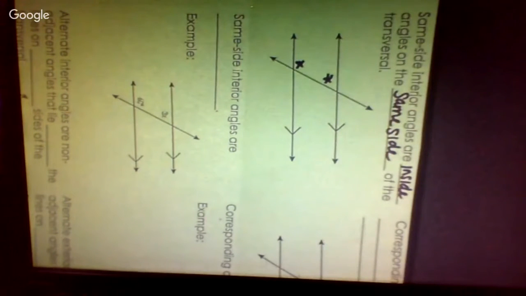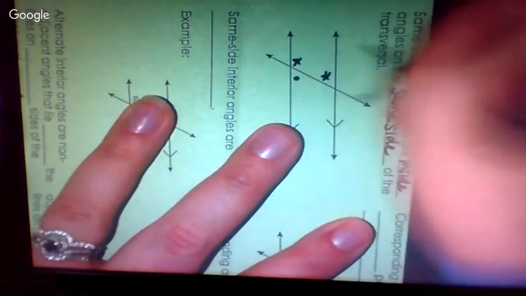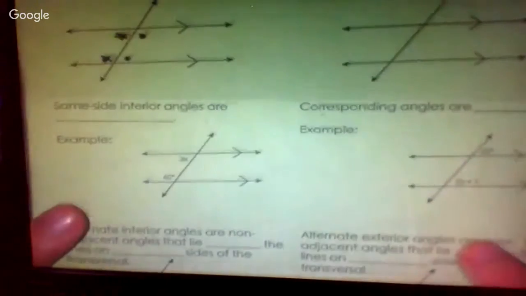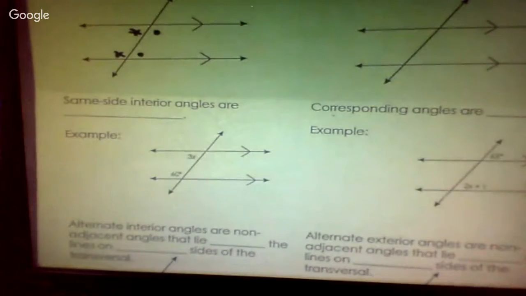They're inside of those parallel lines and on the same side of your transversal. Or this one and this one. If your parallel lines go up and down, it looks like this. If they go left and right, they look like this.